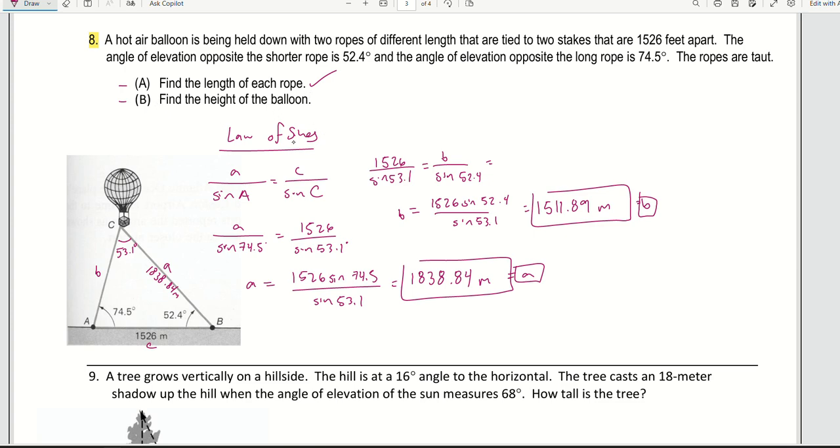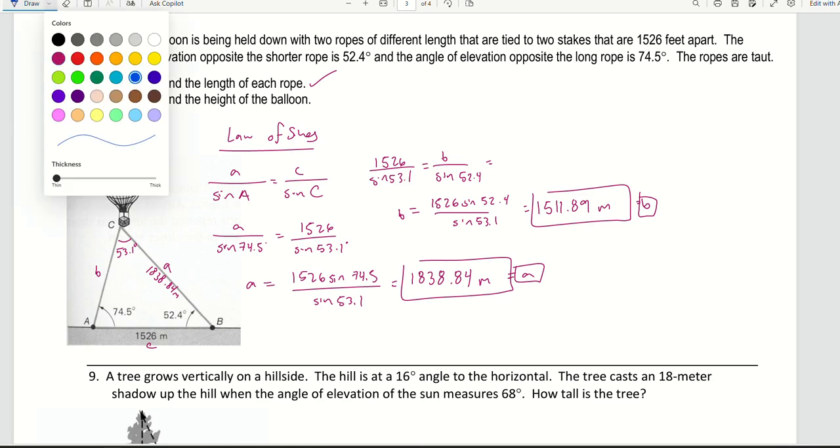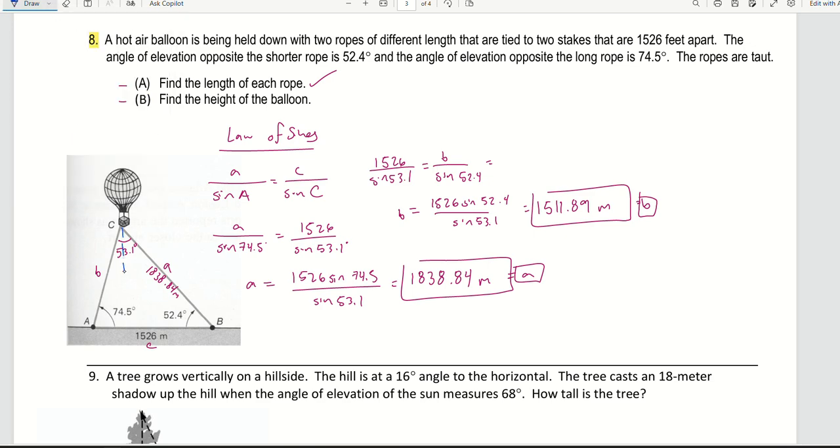Last, we need to find the height of the balloon. So let me just change colors. We are looking for this height. Well, I'm just going to work with the triangle that we now know everything about, because that blue dashed line, the height, does make a right angle.